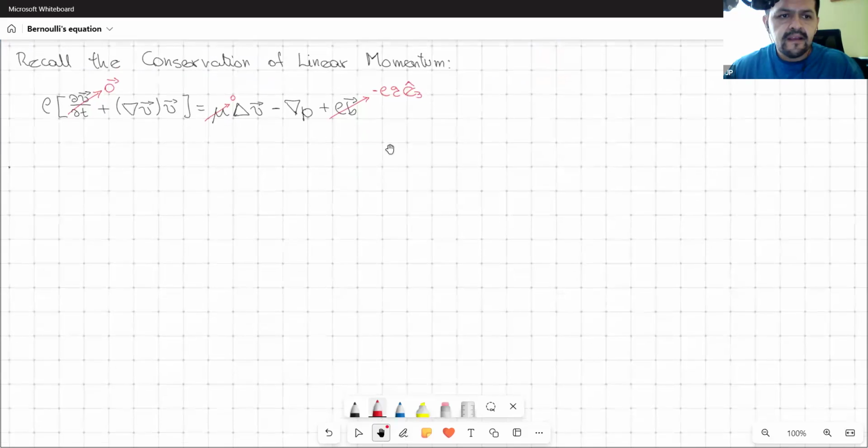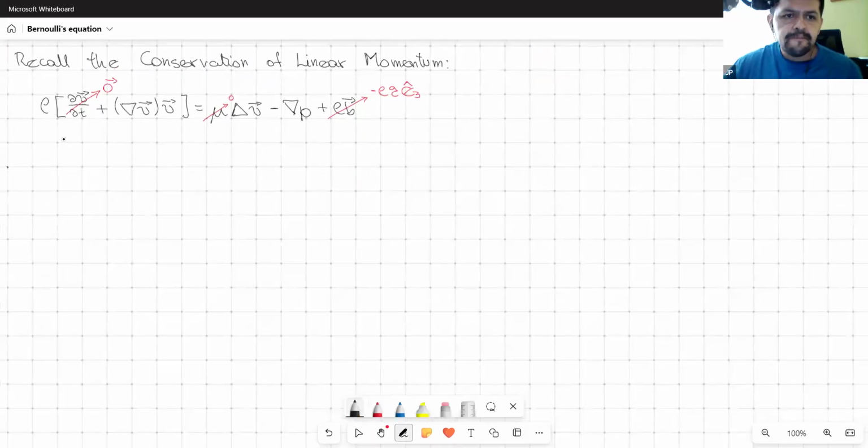Okay? So that being said, this equation simplifies to rho times the gradient of velocity applied on v equals negative the gradient of the pressure minus rho times g times the unit vector in the third direction.